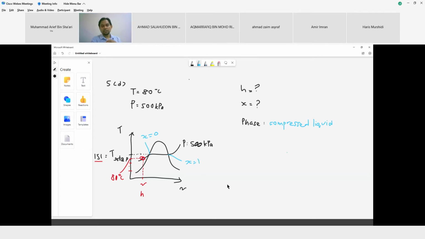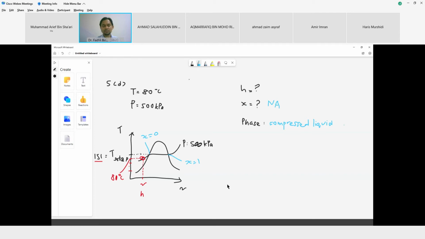If you look at your lecture note, the value of X is 0 to 1. Dia tak ada negatif, dia tak ada lebih daripada 1. But for this case, the point of our phase is here, okay, compressed liquid. So therefore, the value of X is actually can put as NA.